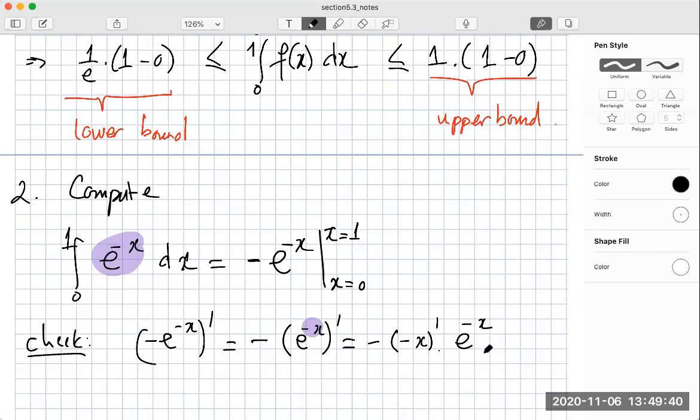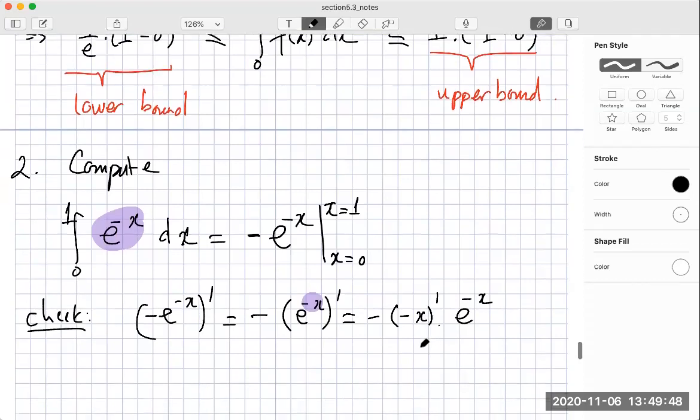Let's do it slowly. Then what is the derivative of negative x? Yeah, negative 1. So it will be negative of negative 1 times e to the negative x, right? And negative of negative gives us a positive. It will be e to the negative x. This is exactly the integrand here.